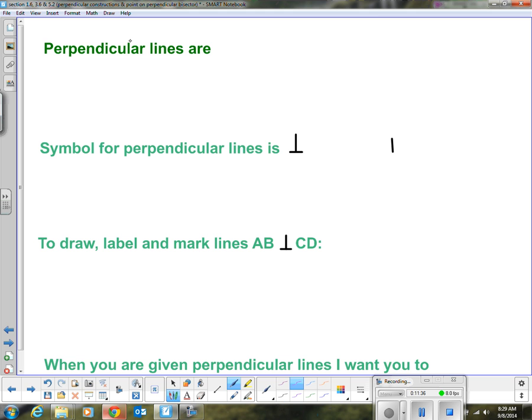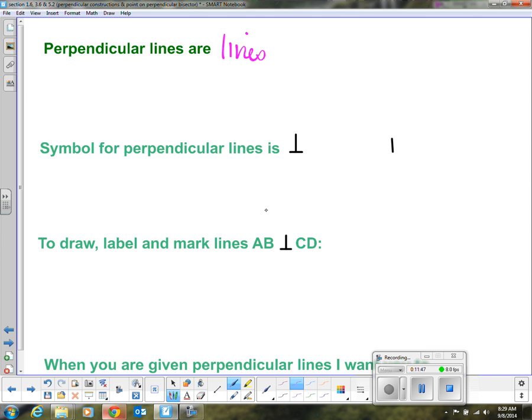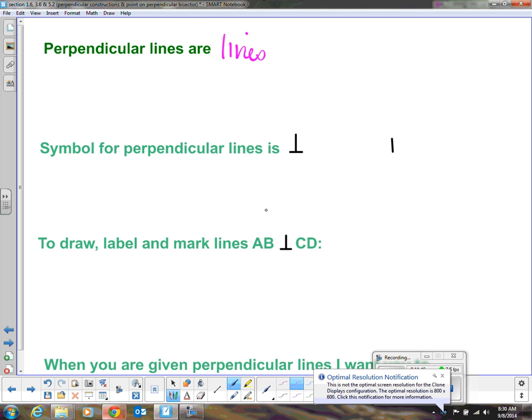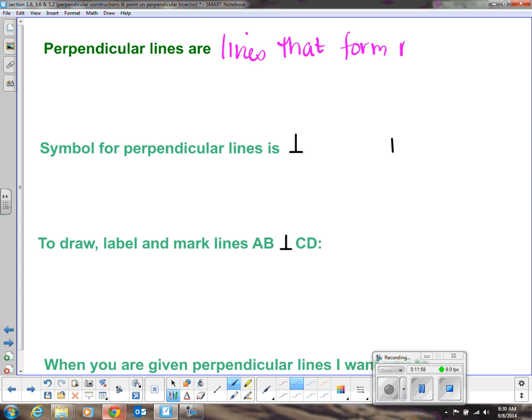Before we get too far, perpendicular lines are lines that form right angles. Perpendicular lines are lines that form right angles.